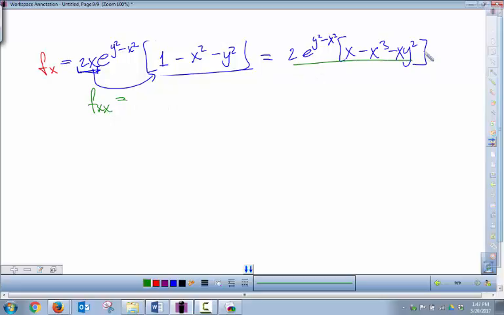So I have another product rule. So derivative of the first times the second plus the first times the derivative of the second.